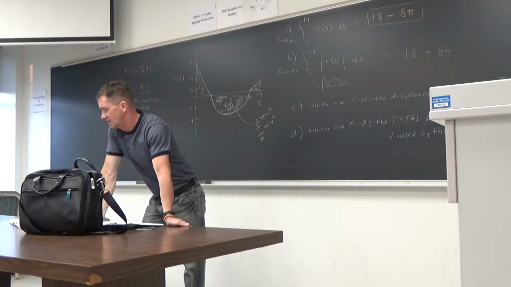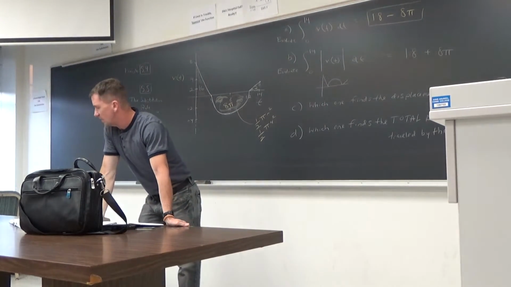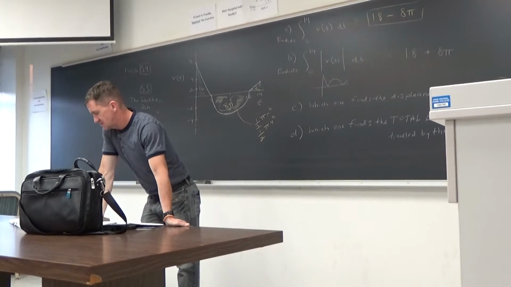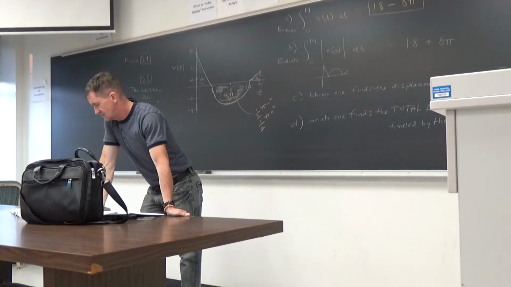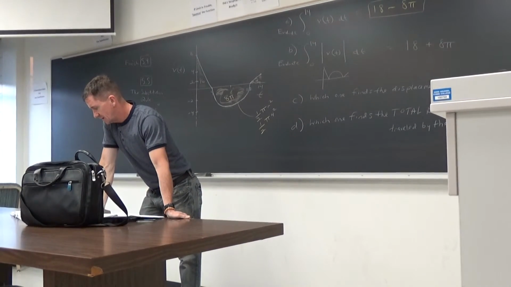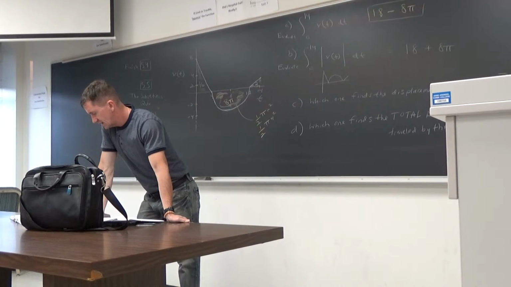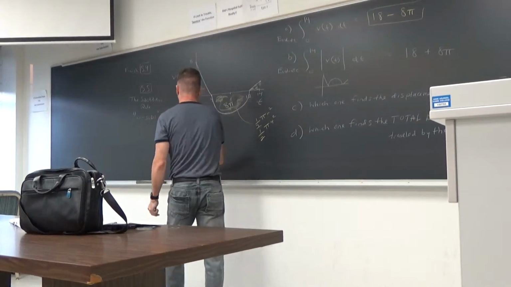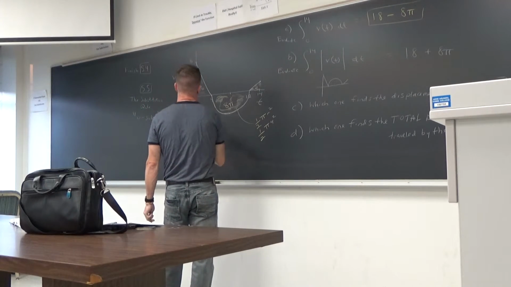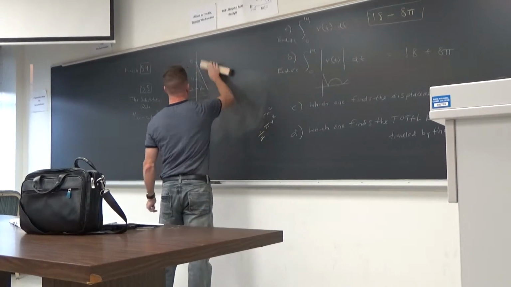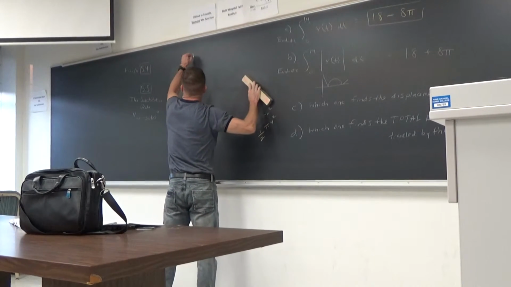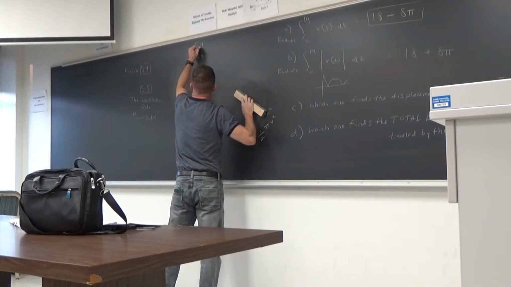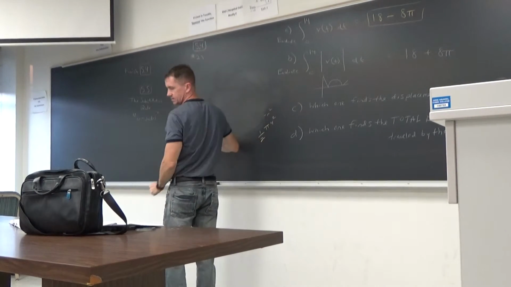But I'm in 5.4, and there's a specific problem I wanted to do, because it can kind of throw people off, number 29. I didn't want this one to stump you.